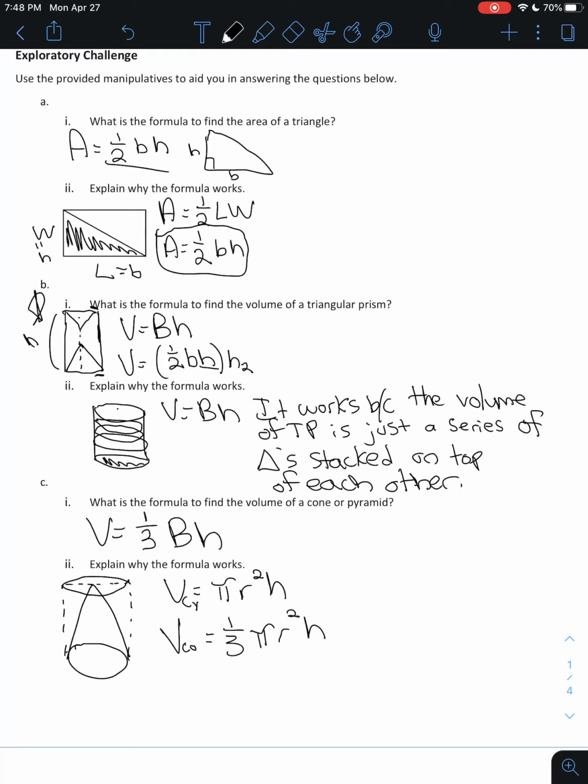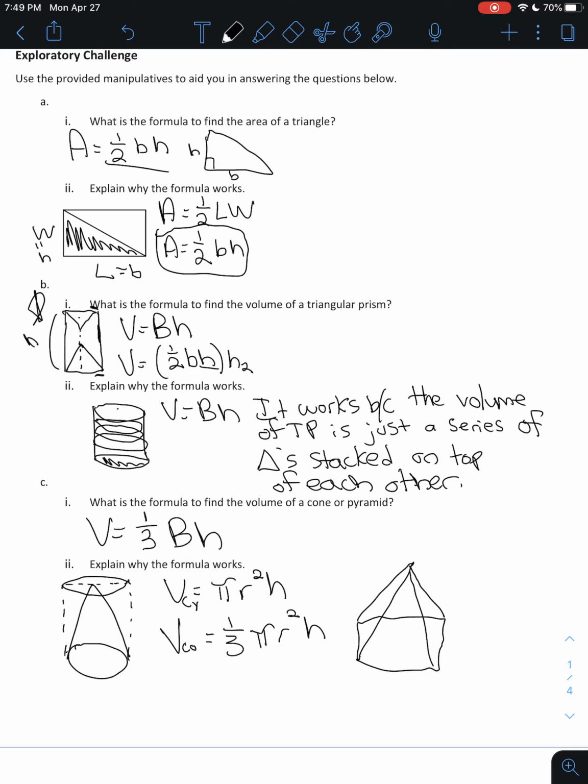And for a pyramid, depending on what kind of pyramid it is, it's a little harder to draw, but it might look something like this.